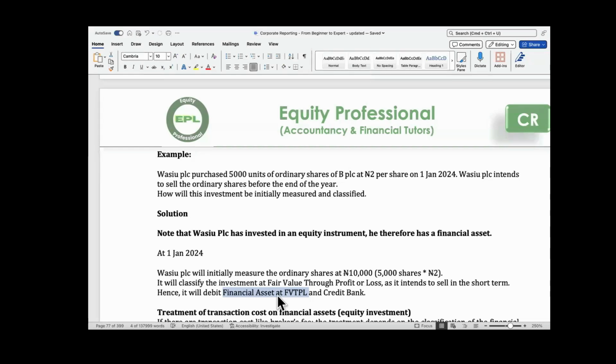Based on what I've said so far. Sorry, repeat your question. I said your company bought Dangote shares worth 5 million naira, so they came to give you the share certificate that you should record in your books. So how would you classify that equity investment? Will it be at fair value through P&L or at fair value through OCI?